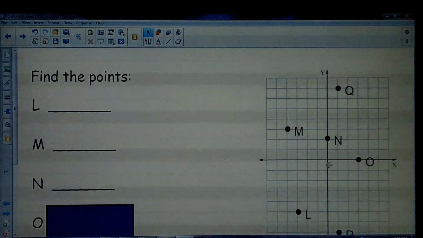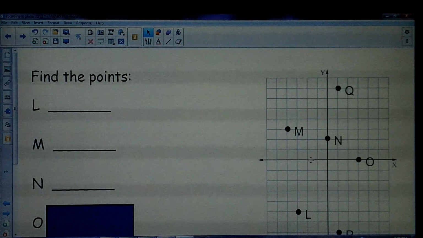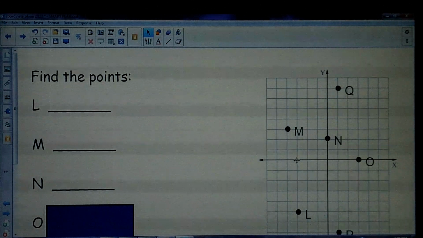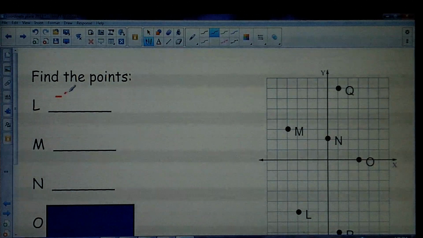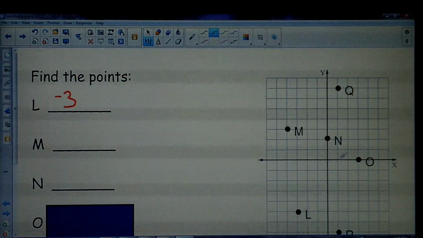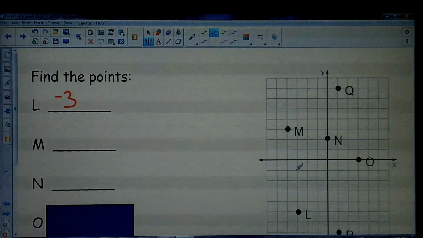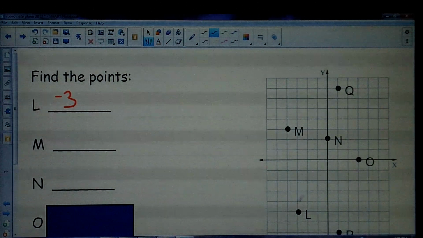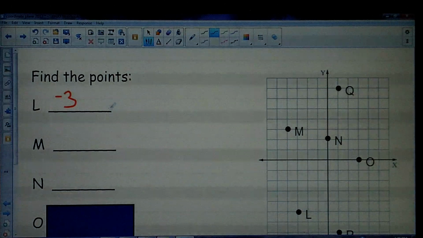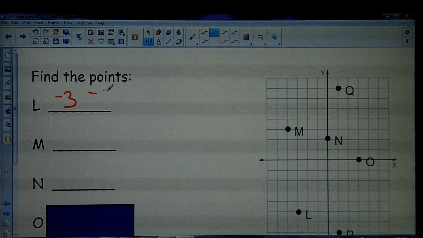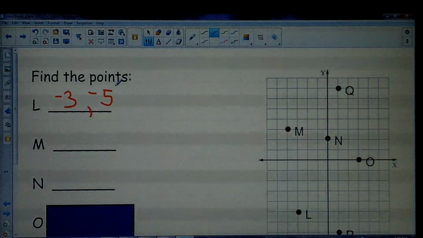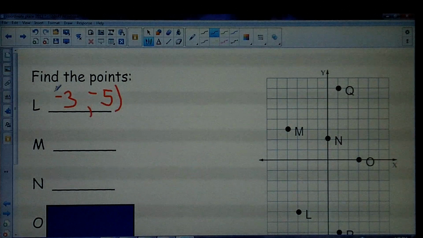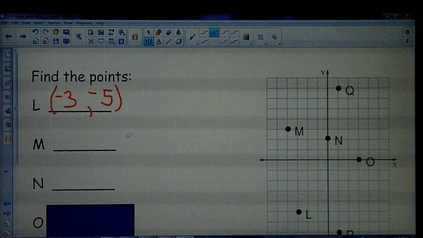So to get to L, I have to go left 1, 2, 3. So remember that makes it a -3. And then I need to go 1, 2, 3, 4, 5 down. And since I went down, that makes the y negative. Put your comma in between, parentheses on the outside, and we're finished.